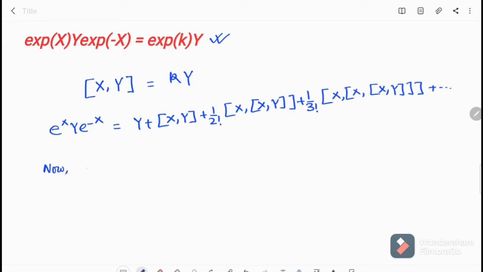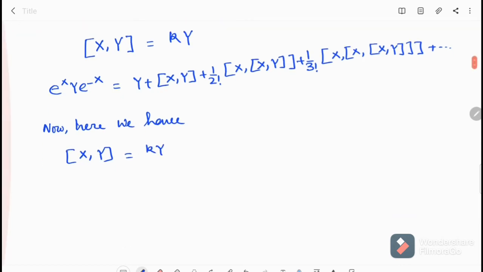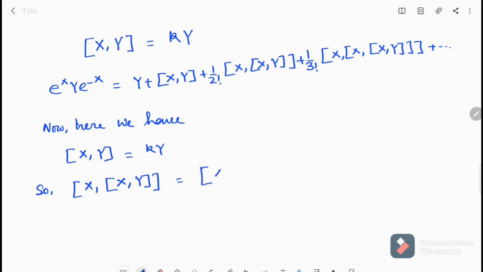Now here we have x commutation y equal to small ky. So you can write x commutation x y would be equal to x commutation ky, that is k x commutation y, which is basically k square y.